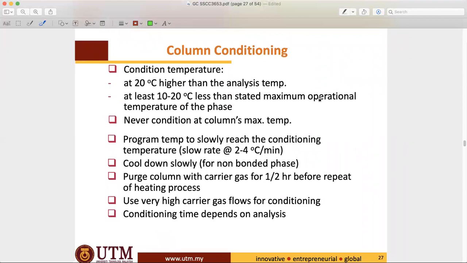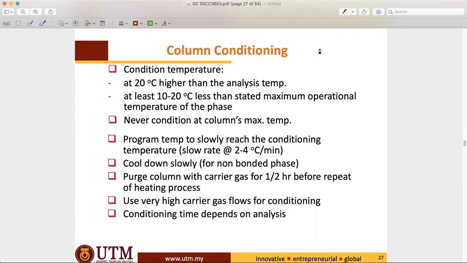Okay. So how about column conditioning? When you have a column, any column, it doesn't matter if it is a GC column or HPLC column, you need to condition your column prior to analysis. Column conditioning is something like cleaning the column. For example, as I mentioned before, sometimes a day before, when your friend is using the GC, the column gets dirty with your friend's samples or analytes.